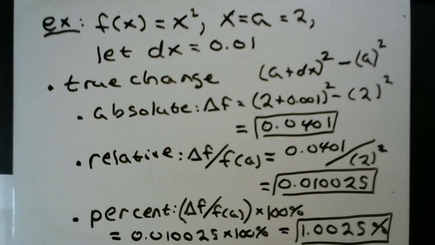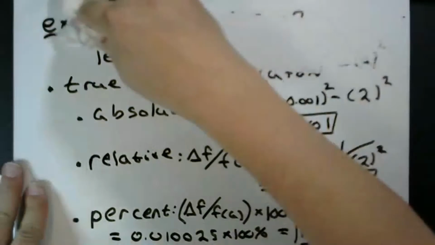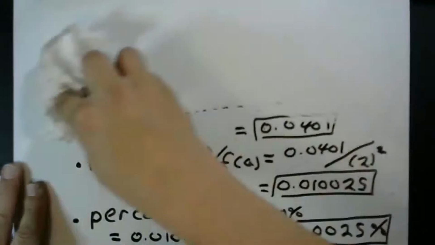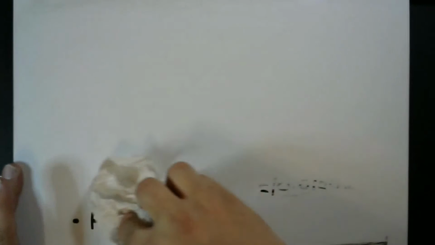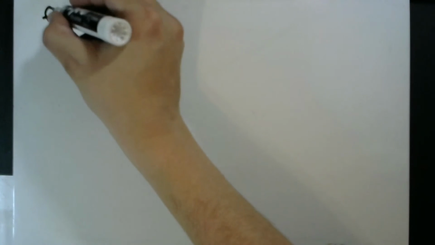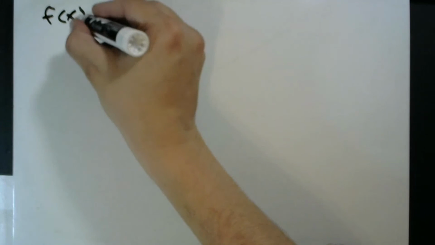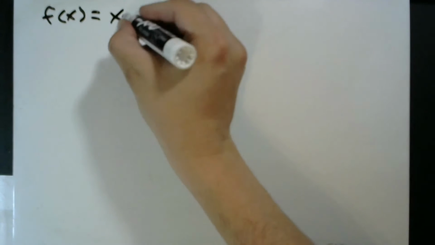So now we're going to look at estimate change. And so that means we're going to look at the differential. So to do that, we need the differential. So we know f of x is x squared.